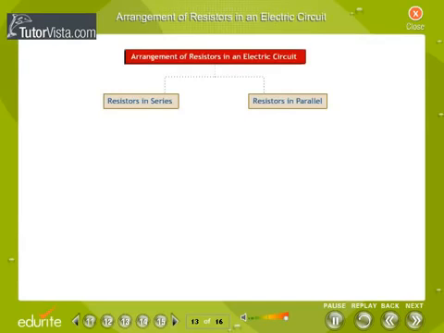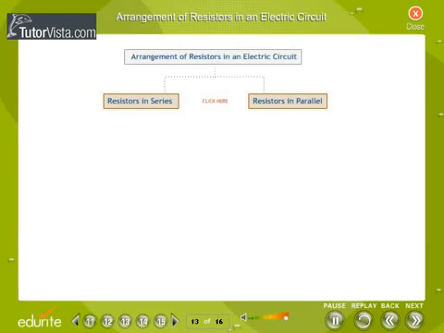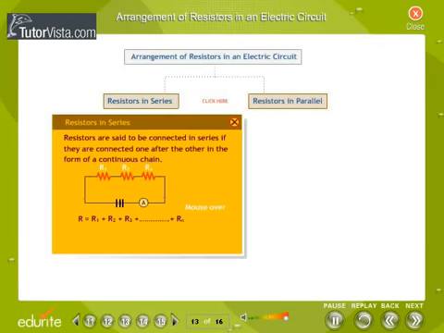Arrangement of resistors in an electric circuit. In an electric circuit, resistors are arranged either parallel to each other or in series. Resistors in series. Resistors are said to be connected in series if they are connected one after the other in the form of a continuous chain.